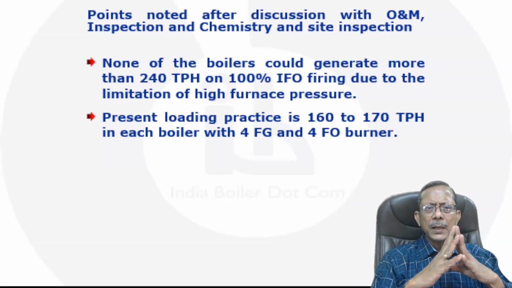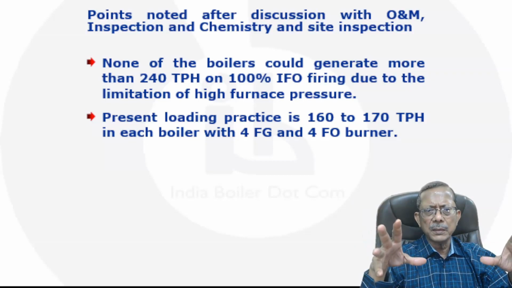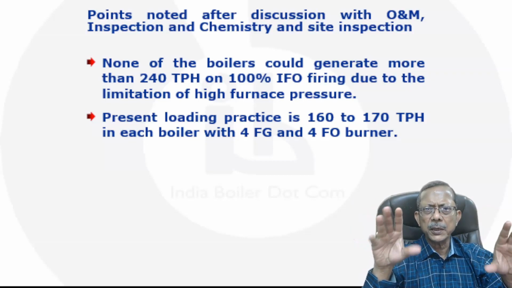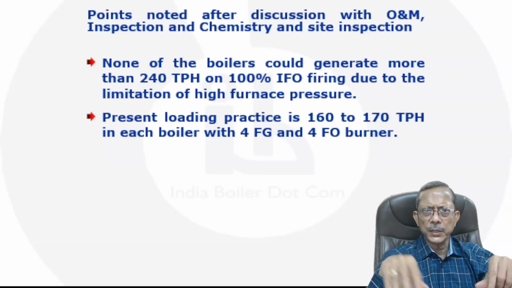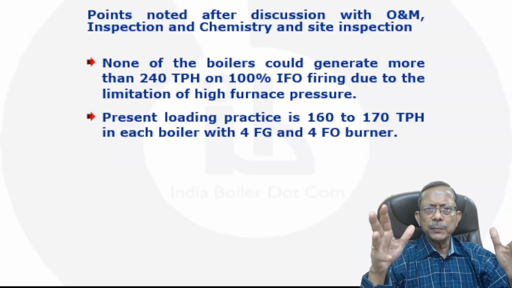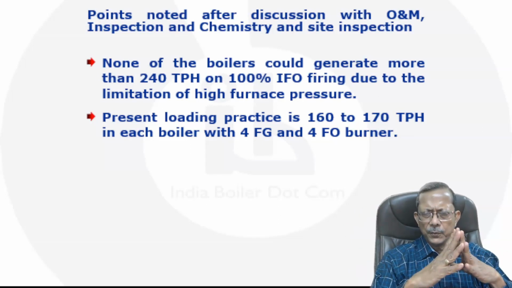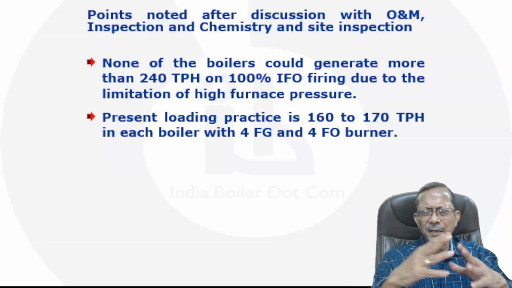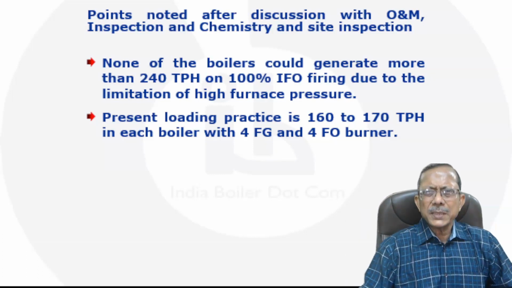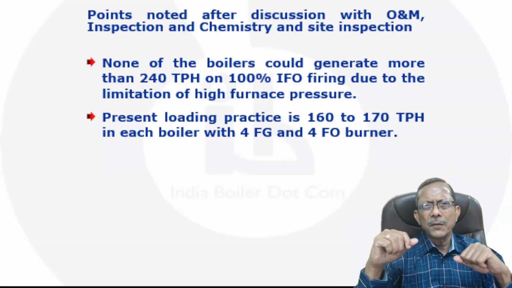They have an 8 burner operation, two rows of four burners each, operating with both FO and FG, 4 FO and 4 FG, fuel gas. That is the refinery gas, almost like natural gas with a little higher calorific value.